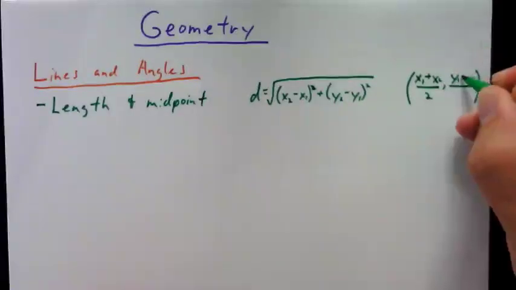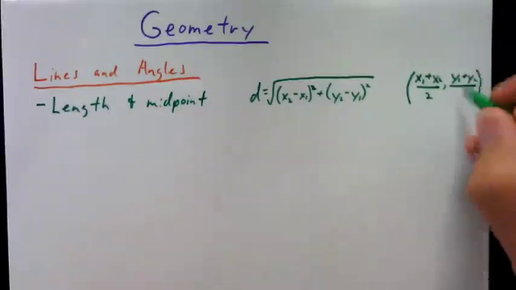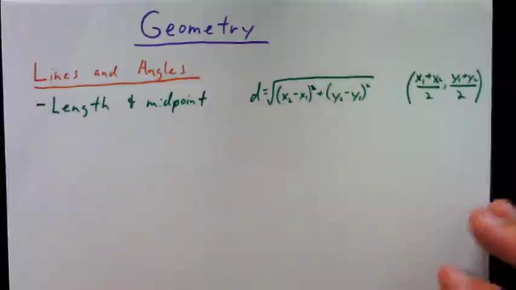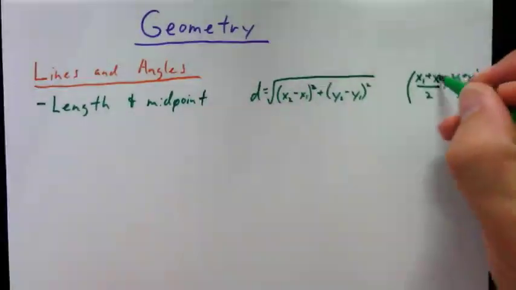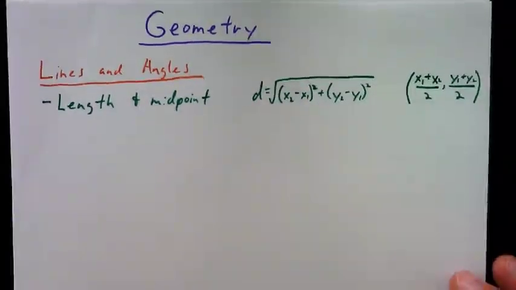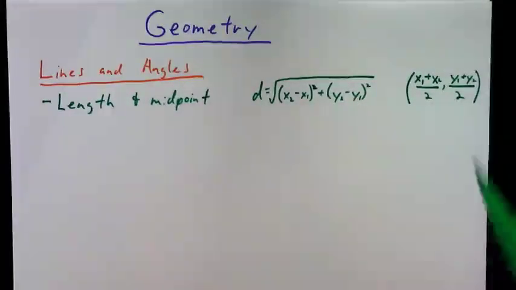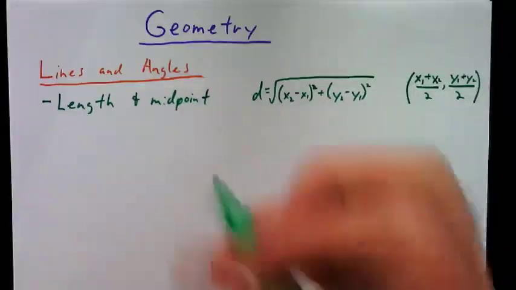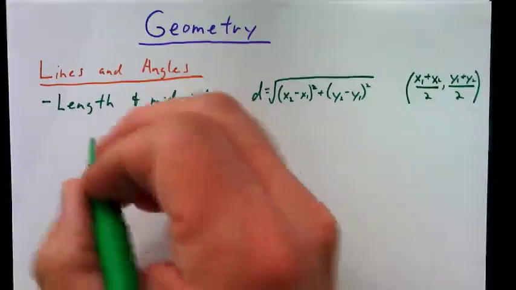And then y1 plus y2 divided by 2. So that's, again, length. You use your distance formula. Midpoint, you take an average of the x values and average of the y values, and that gives you the midpoint. The next idea that we need to go over is measures of angles.